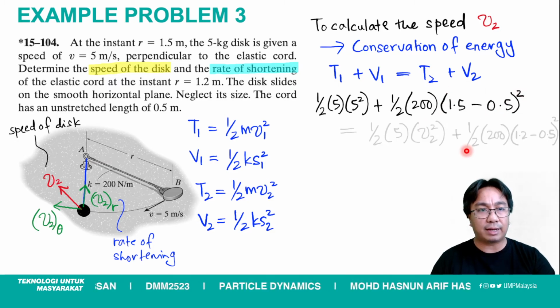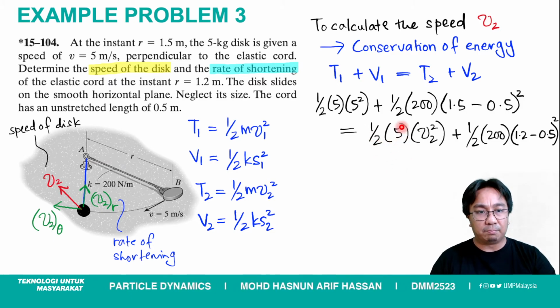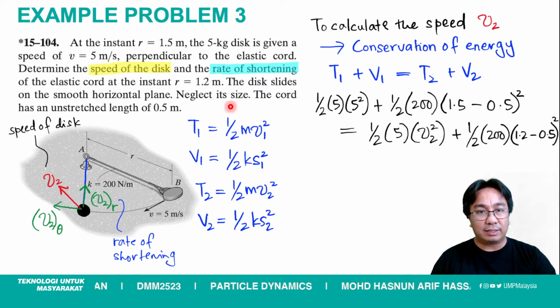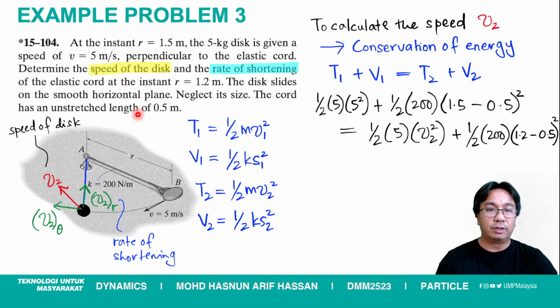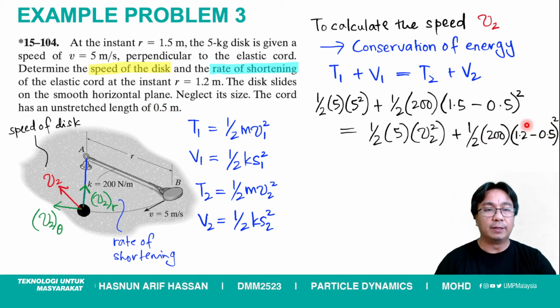On the right hand side, you have 1/2 times 5, the mass, and v2 squared, this is the unknown we want to find, plus 1/2 times 200 times (1.2, the length of the cord at this instant, minus the unstretched length of 0.5), and then the whole thing is squared.